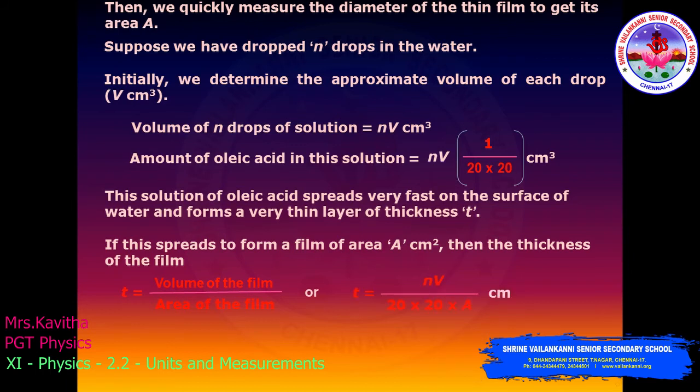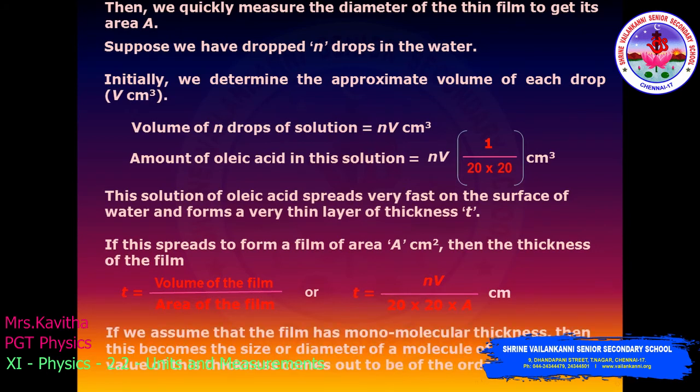So we can take the volume of the film as the oil drop volume. The thickness t is equal to nV by 20 into 20 into A centimeter, right? If we assume that the film has monomolecular thickness, then this becomes the size or diameter of a molecule of oleic acid.